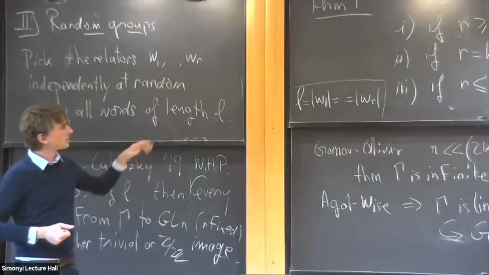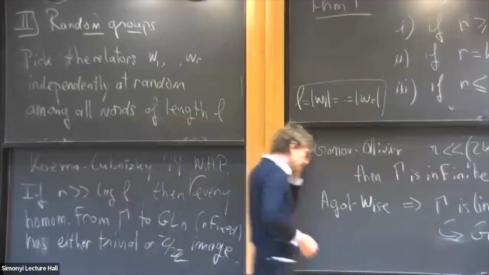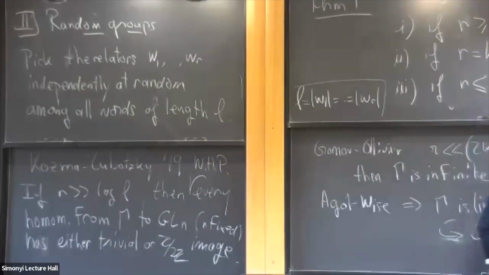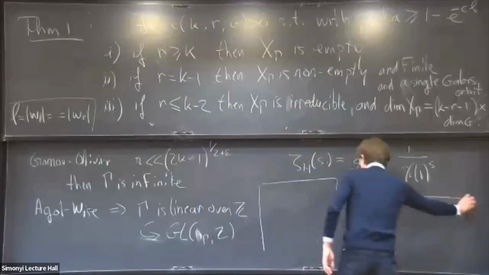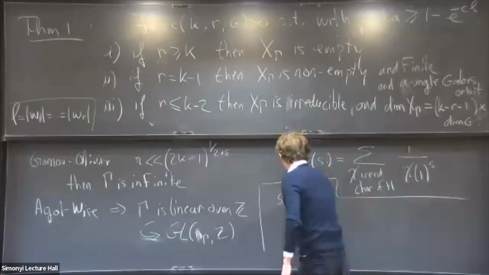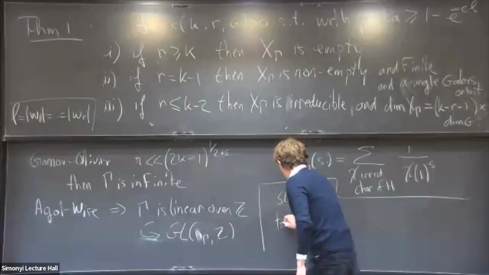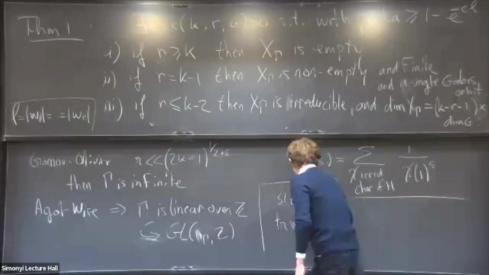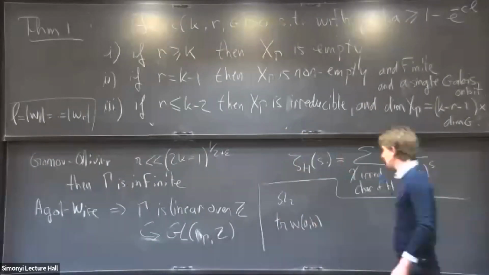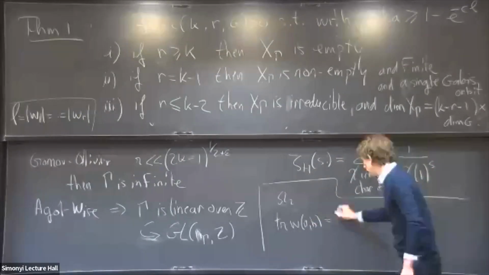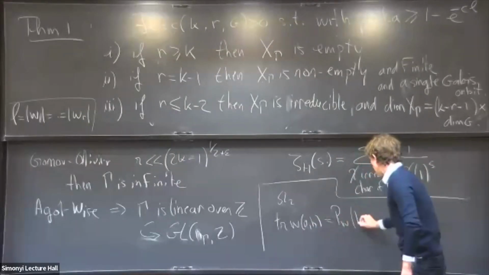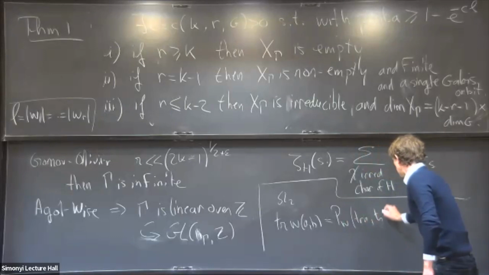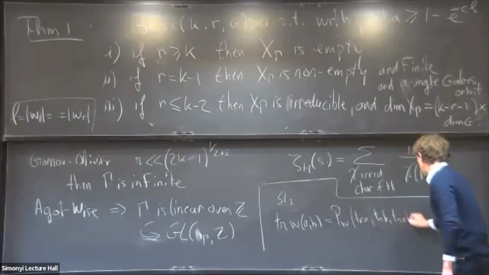You can see this analogy in the case of SL2 by looking at the trace. It's well known that the trace of W of A, B is in fact some polynomial in the trace of A, trace of B, trace of AB.